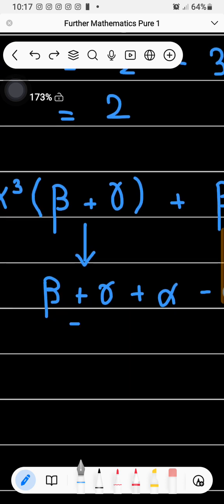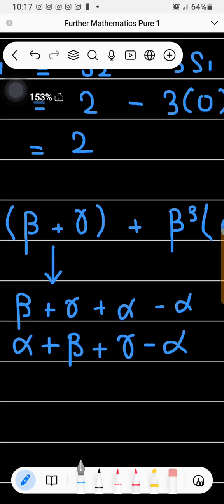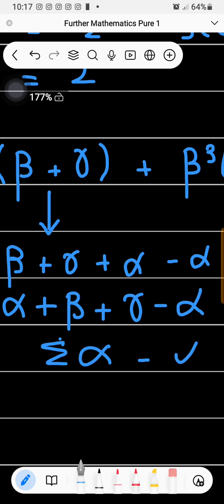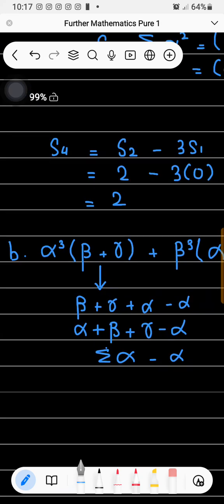So through this, we can write it as alpha plus beta plus gamma minus alpha. Alpha plus beta plus gamma can be written as sum of alpha, minus alpha.